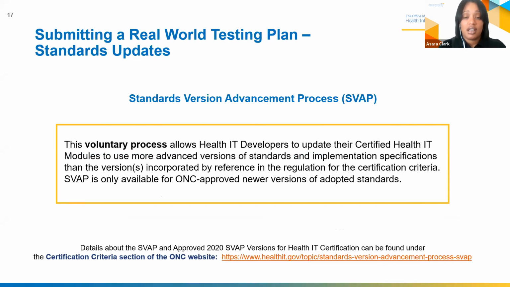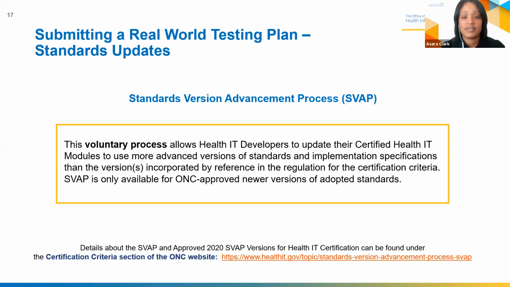These newer versions must be approved by ONC. So you can't just decide you want to update. These are going to be put out every year. There's tons of information on the actual process. We're really talking about how this works into the real world testing plan today. But these newer versions must be approved in order for these updates to happen.